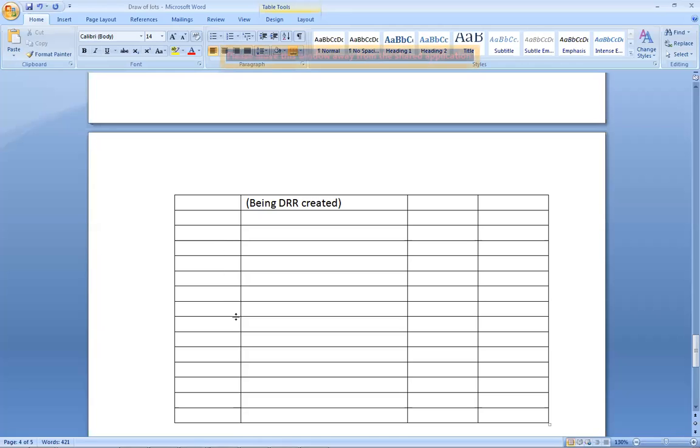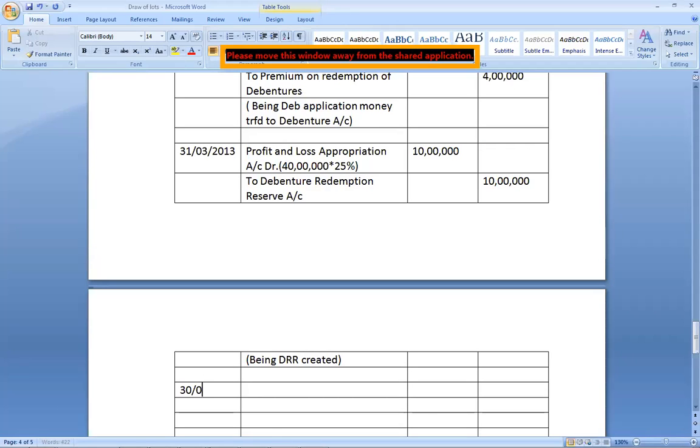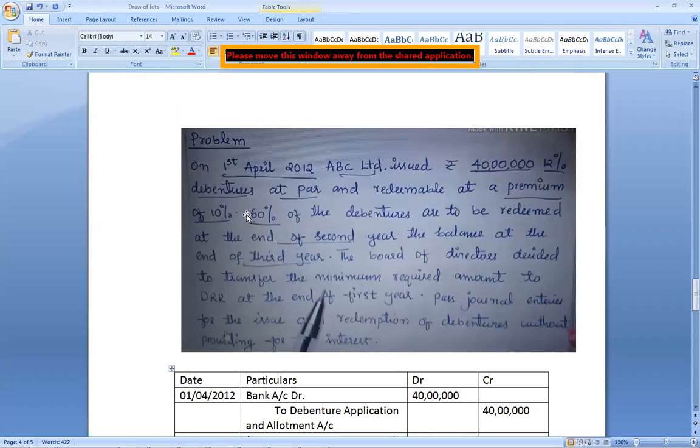Next entry will be investment entry. Investment is made always on 30 April, 11 months before. Now in this sum, we have to read again. 60% of debentures are to be redeemed at the end of second year and the balance at the end of third year.